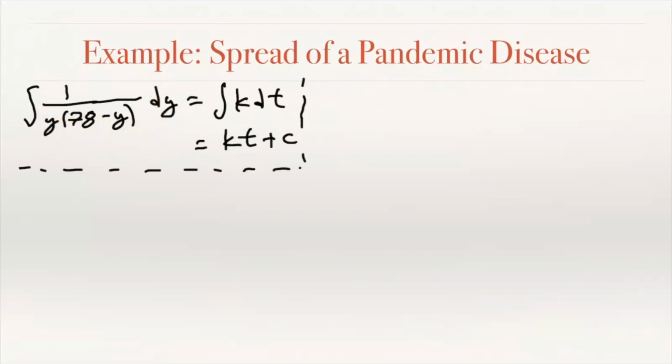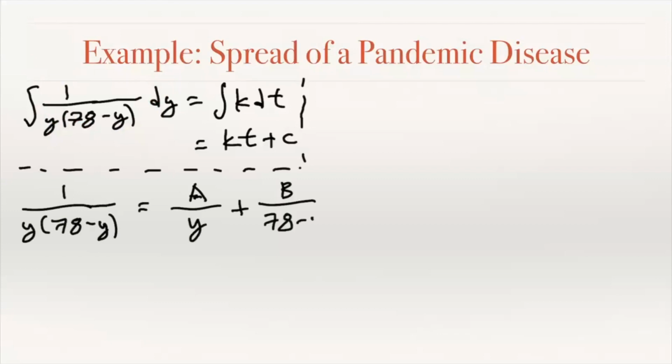And remember that the idea of integration by parts is that we want to write it as a sum of two fractions, each of which will be easier to integrate. So where a and b are some, for now, unknown constants, we want to write this in this way. And the way to do this is to combine these fractions.